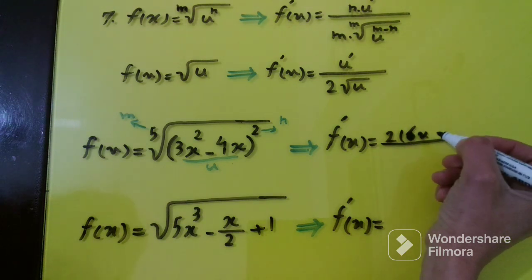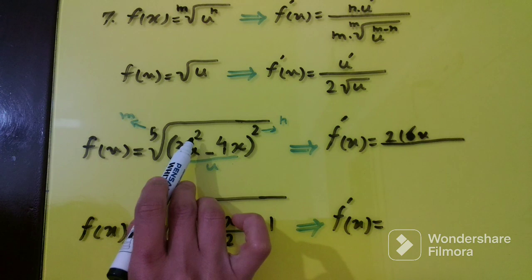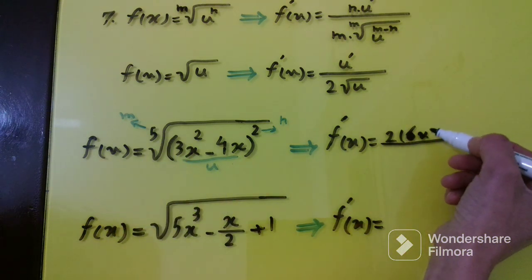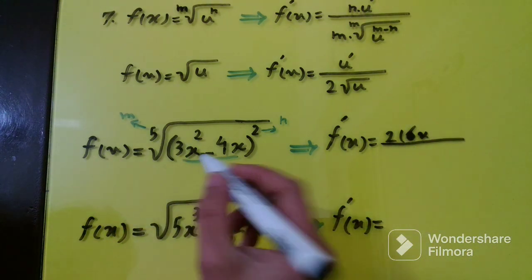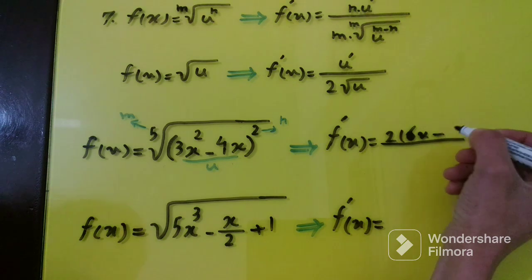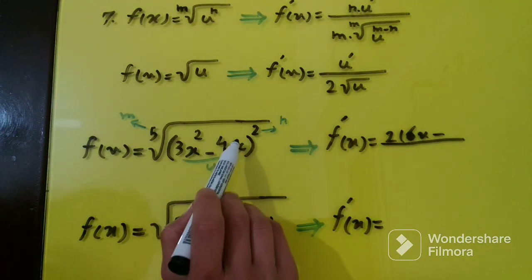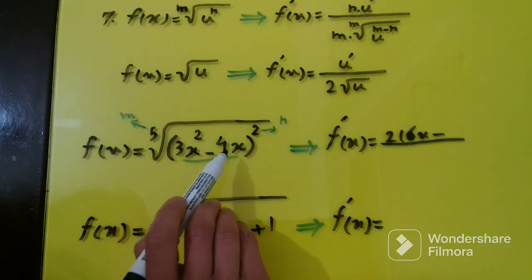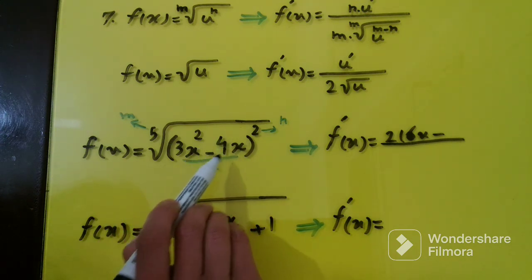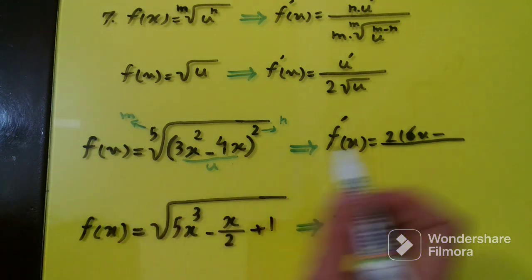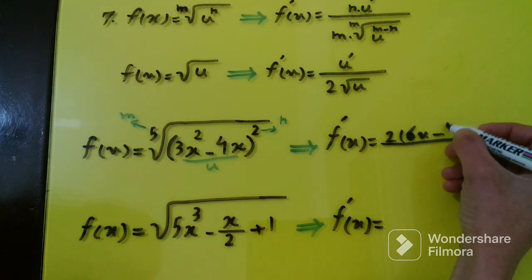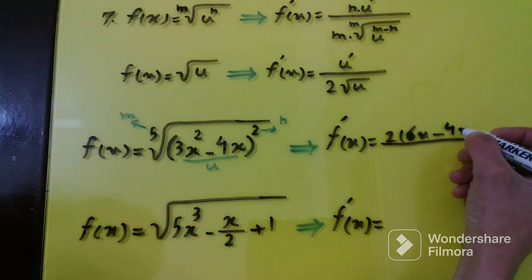Six x. Now reduce the power by 1. It's just 1 minus. For this term, as the power is 1, so just the coefficient is the derivative. It's negative 4.